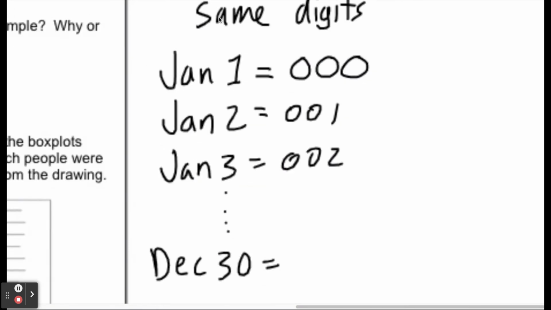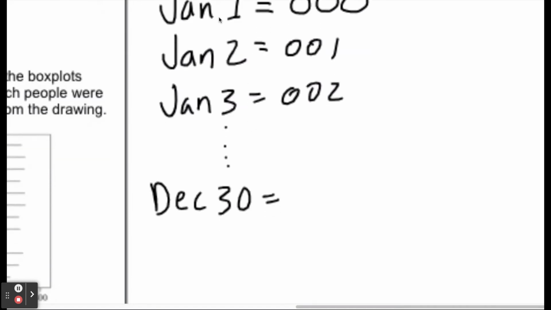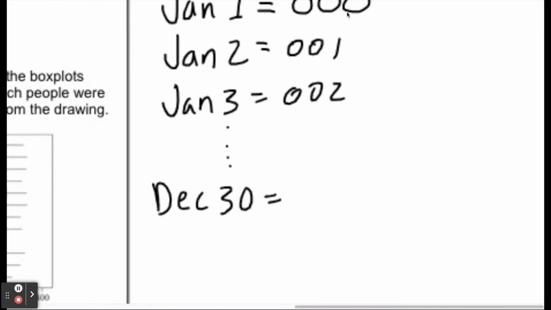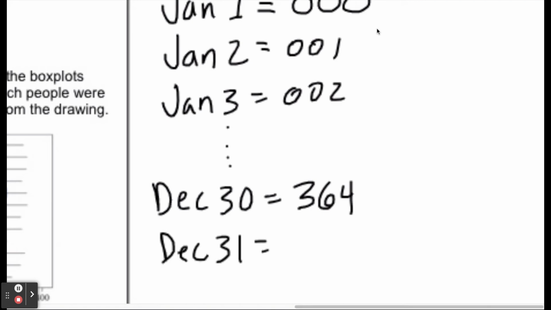Because we started at 000, the 365th day would be assigned number 364, and then December 31st, even though that's the 366th day, remember we are including February 29th, because we started at 0, would be assigned the number 365.